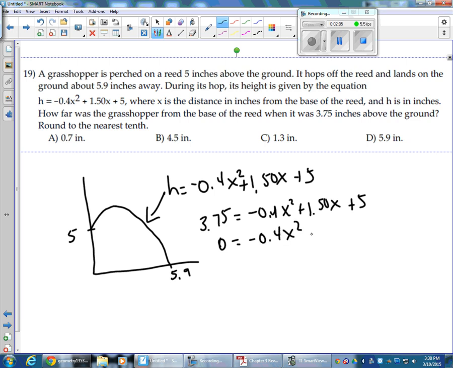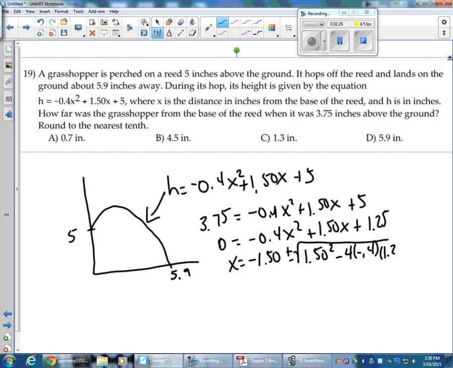When I subtract 3.75, the constant becomes 1.25. So x is equal to negative b plus or minus the square root of b squared minus 4ac, all over 2a. You can also graph this and take a look at it that way.